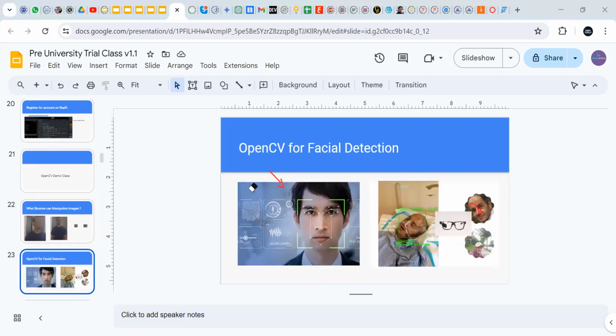So again, we use a library called OpenCV to do this facial detection. And there is a lot of medical usage of AI, OpenCV and Python, because for people who have had accidents, if we train our AI models, we are able to do facial recognition. So you see the face here.